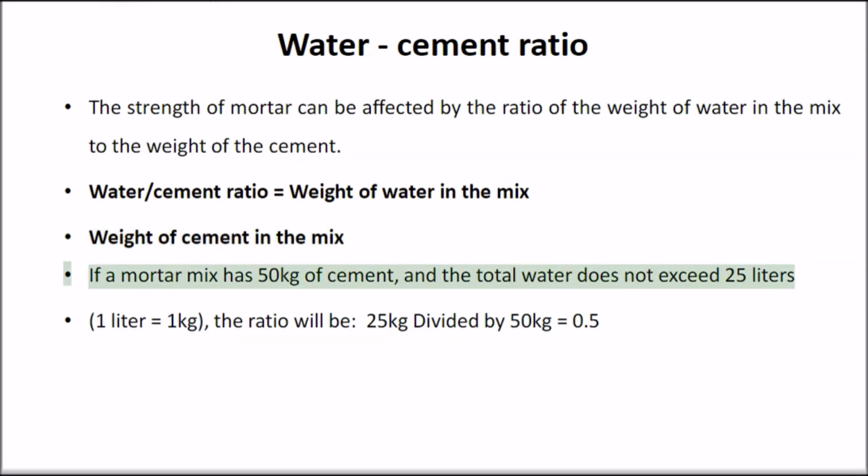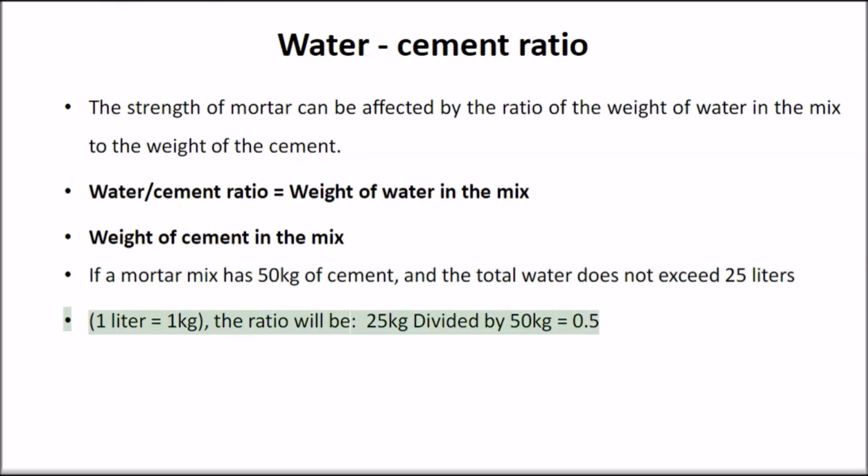If a mortar mix has 50 kilograms of cement, and the total water does not exceed 25 liters, with 1 liter equal to 1 kilogram, the ratio will be 25 kilograms divided by 50 kilograms, equals 0.5.